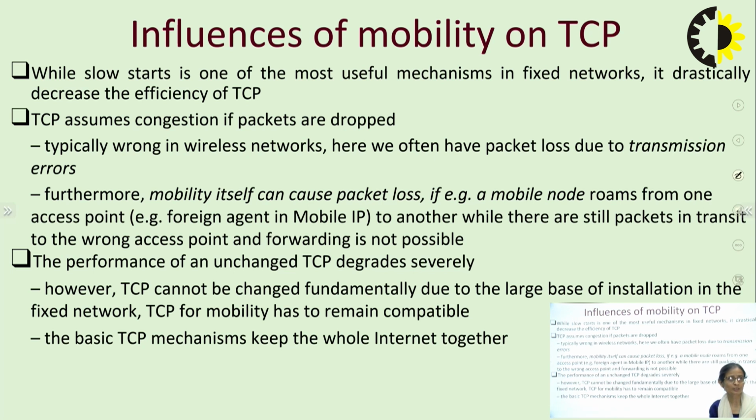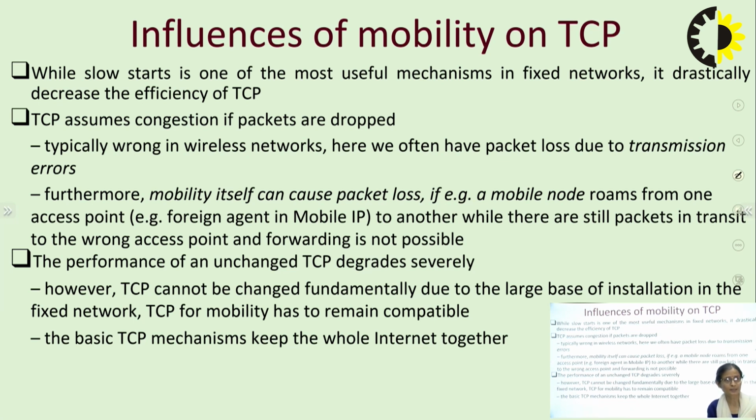TCP assumes congestion if packets are dropped, which is typically wrong in a wireless environment. Here we often have packet loss due to transmission errors, maybe due to some delays or other network features. The packet might get dropped.